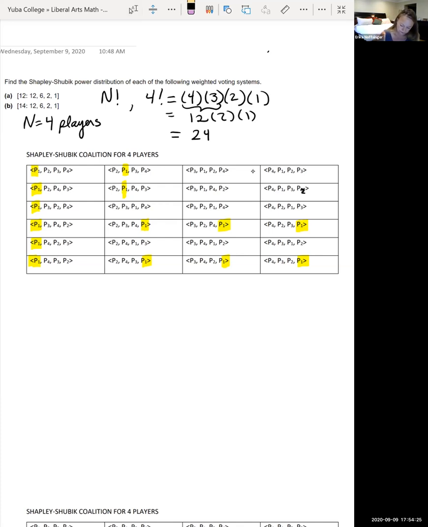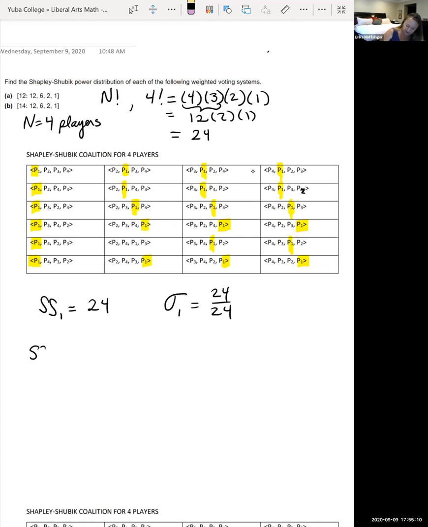Basically, no one without player 1. Player 1 is always going to be the one changing the tides. Okay, so this is where we would call player 1, remember, a dictator. So the Shapley-Shubik power of player 1, well, there's 24 coalitions, and they have 24 over 24.